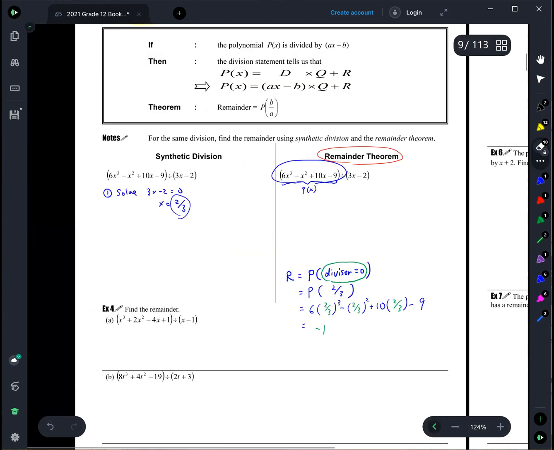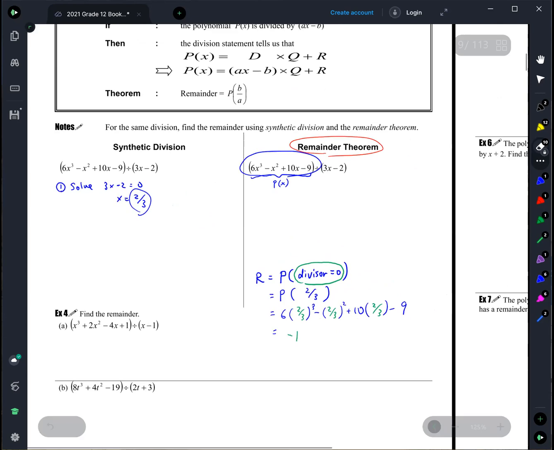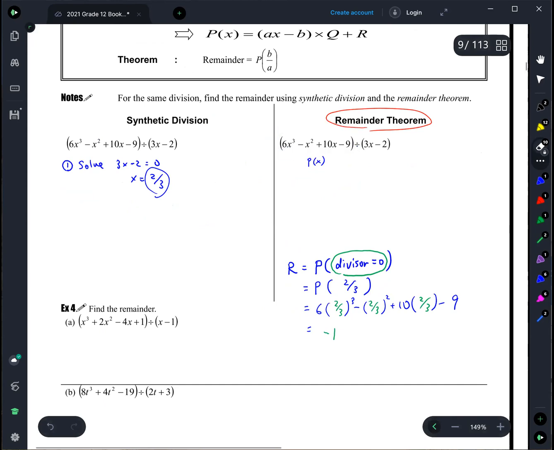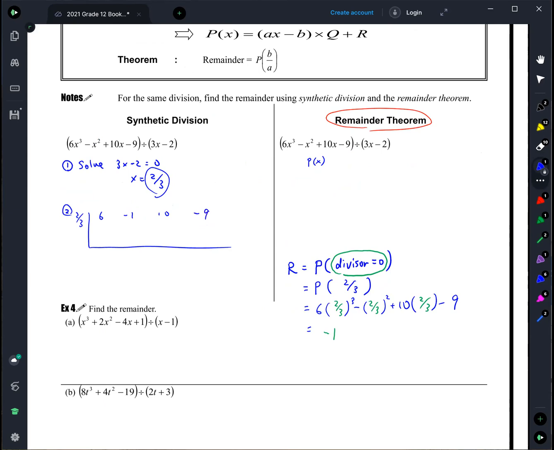We are going to divide it using synthetic division, like in the homework. In the homework, you just find the remainder with synthetic division. So 2/3, you put it on the outside. Dividend, you put it on the inside. There's no missing number. Drop down the 6. 6 times 2/3, what's that?